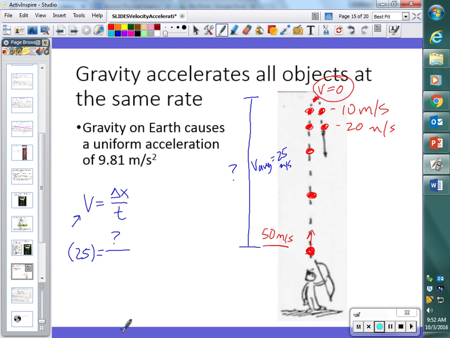What are we going to plug in for the time? 5 seconds. Does that make sense? Right? Because that's how long this trip takes. So we're going to plug 5 in here, right? And that means when we solve for this, how high into the air did it go? 125 meters.